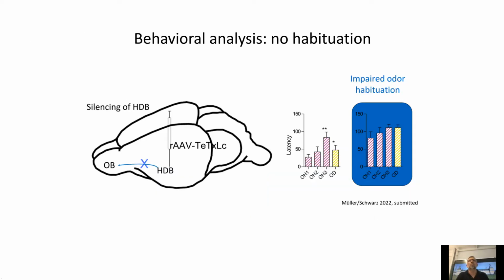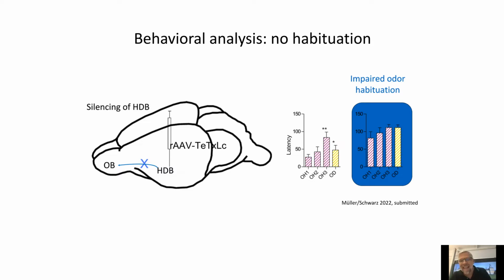And in order to show that these neurons are also bringing about this phenotype, what we did is what you usually do: you silence these neurons. You can delete this region, or you can silence these neurons by several different techniques. We used tetanus toxin light chain, but in principle, you inhibit the activity of these neurons that project to the olfactory bulb.